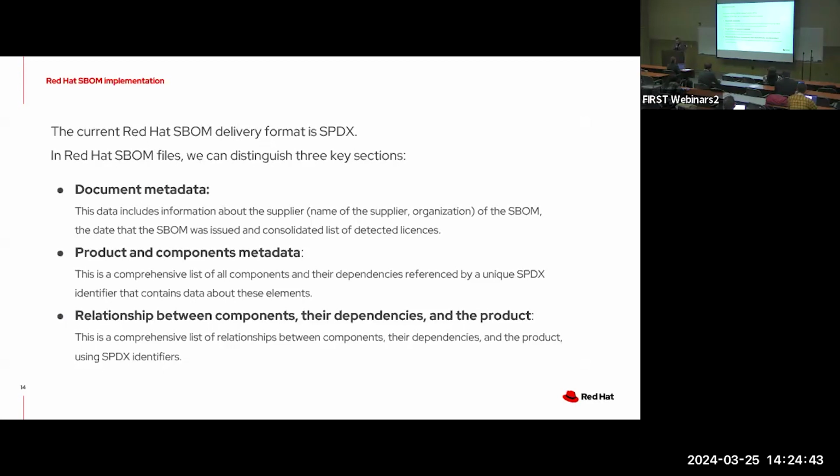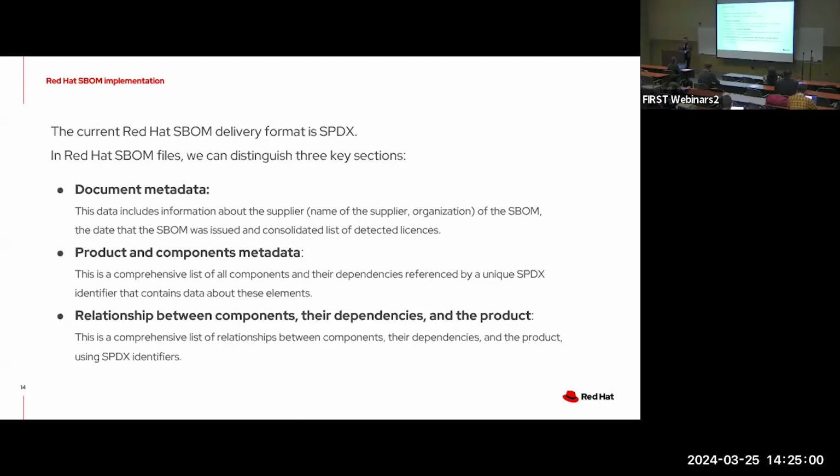Currently, SBOM files that are produced and published by Red Hat are delivered in the SPDX format. Right now, we have a discussion on how we could also support CycloneDX.